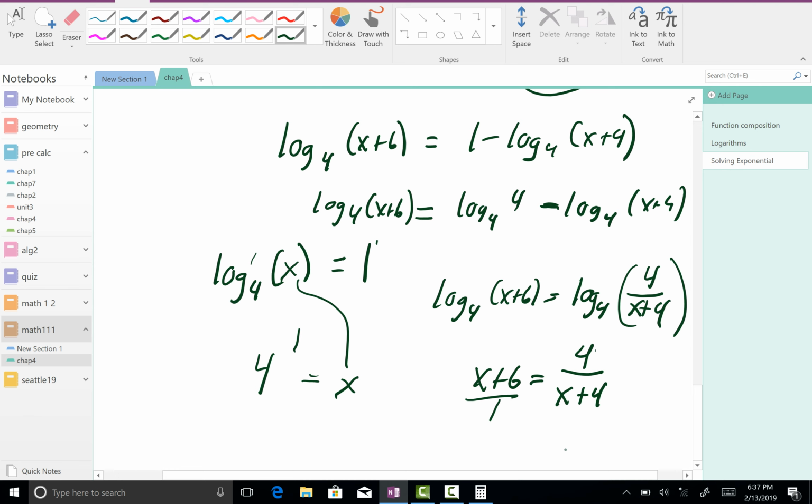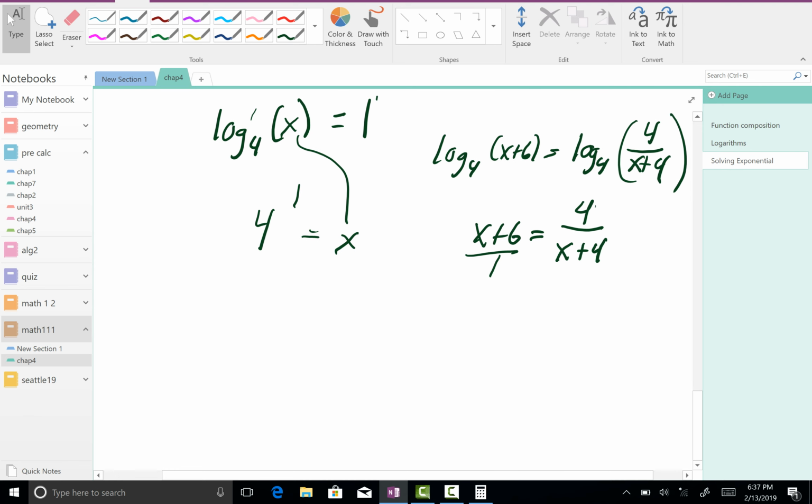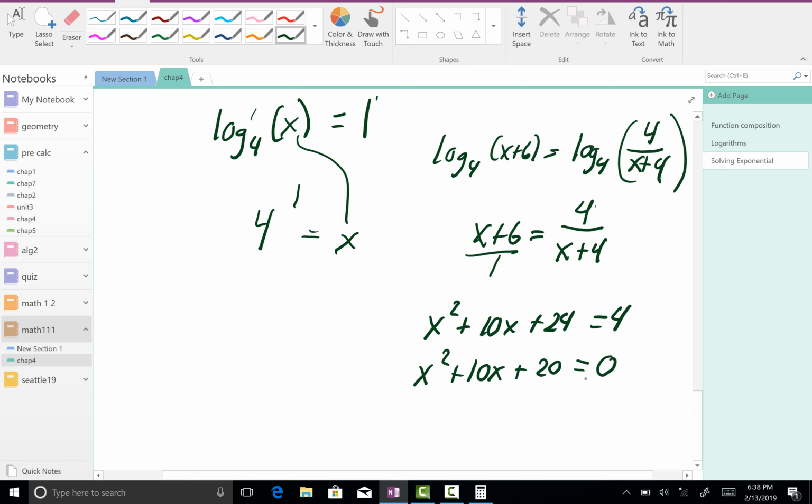Well, let's go ahead and cross multiply on it. So I'm going to FOIL those two, set it equal to 0, and then I just have to solve that. Hope it has an answer. I don't think it's going to, though.